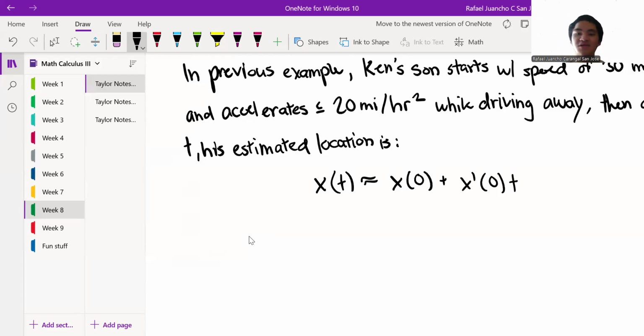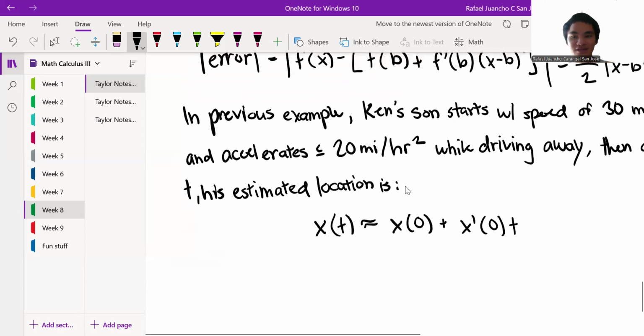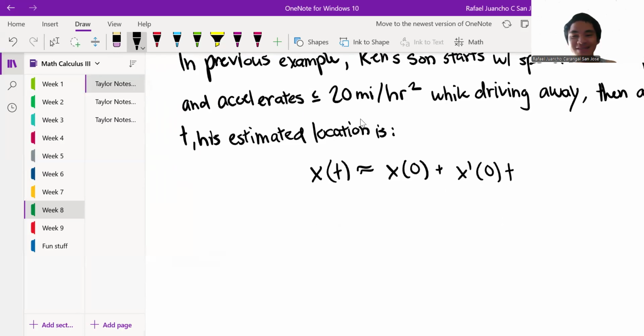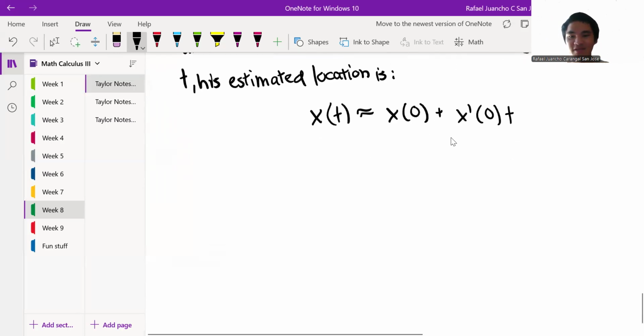His starting speed plus some time. So this is a linear function. And we're saying it's estimated because we're not sure how he goes, right? He might bump into something, or I don't know. He might decelerate. That's another thing. But again, this is some linear function.